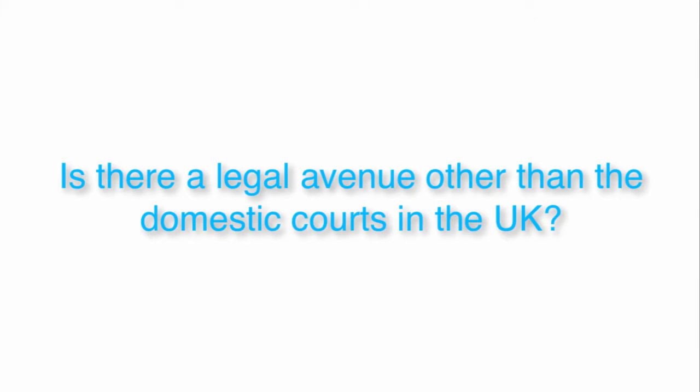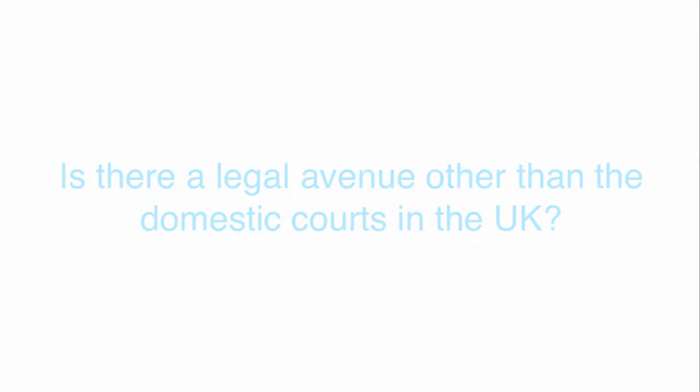So you can see that common law does not provide sufficient protection to the privacy of the people. If you were in Malone's place, how would you have sought protection for your privacy rights? Is there a legal venue other than the common law that can provide protection for your fundamental rights in the UK? After losing the case in domestic courts, Malone took his case to the European Court of Human Rights and argued that his privacy was infringed under Article 8 of the European Convention on Human Rights.